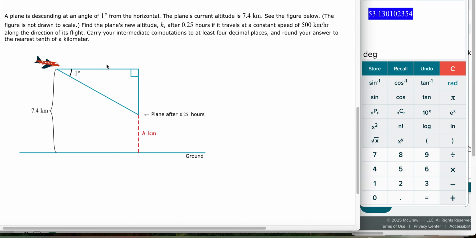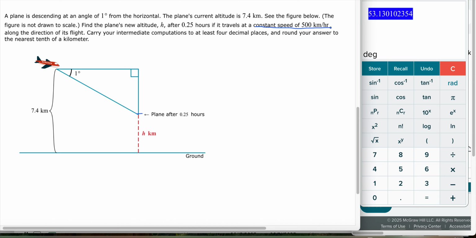We are to find the plane's new altitude, which we're calling h, after 0.25 hours. The plane is about right here after 0.25 hours, at a constant speed of 500 kilometers an hour along the direction of its flight. We're told to carry our intermediate computations to at least 4 decimal places, and then round to the nearest tenth.